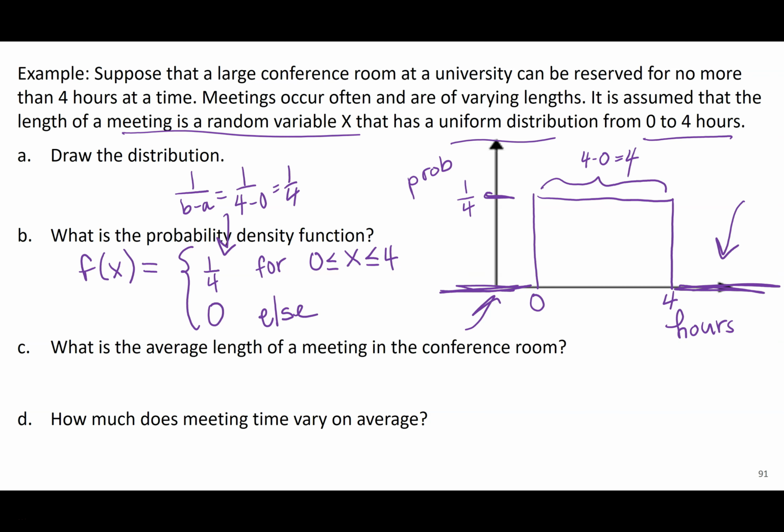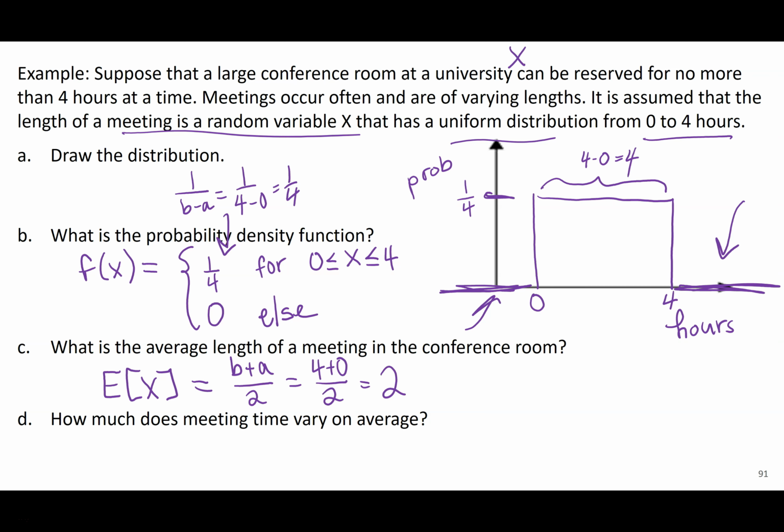So then what is the average length of a meeting in the conference room? It's asking for my expected value. Definitely, this is a great place to pause and try it first yourself. But if not, it's just b plus a over 2. So 4 plus 0 over 2 is going to be 2.